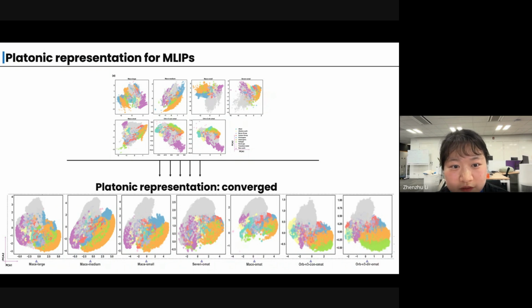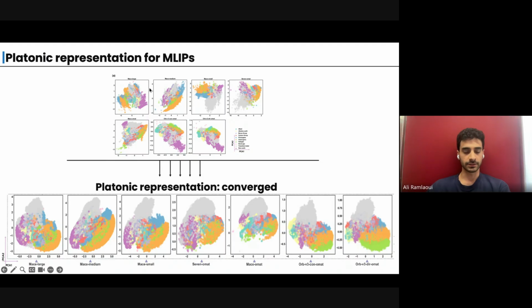Let's think about them as one molecule. This molecule can rotate to different angles. If we don't figure out one way to align them, the model will recognize them as different molecules, right?